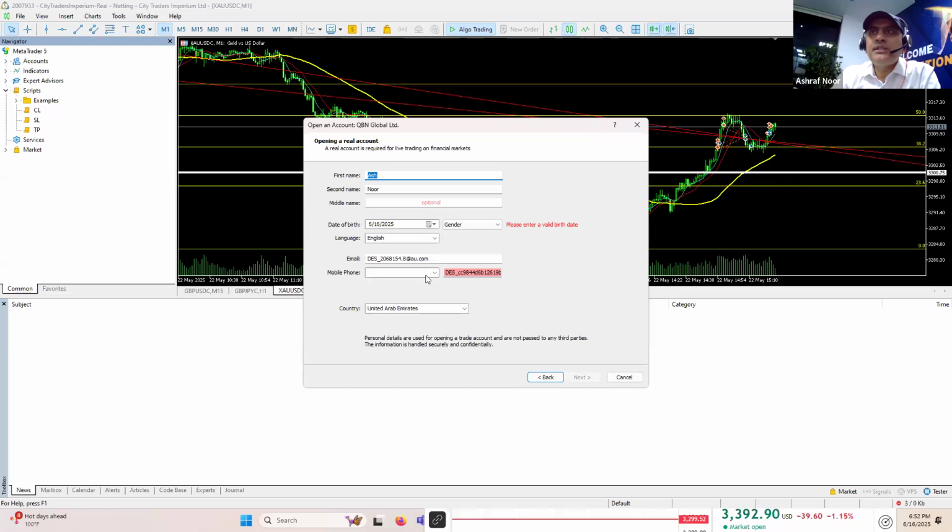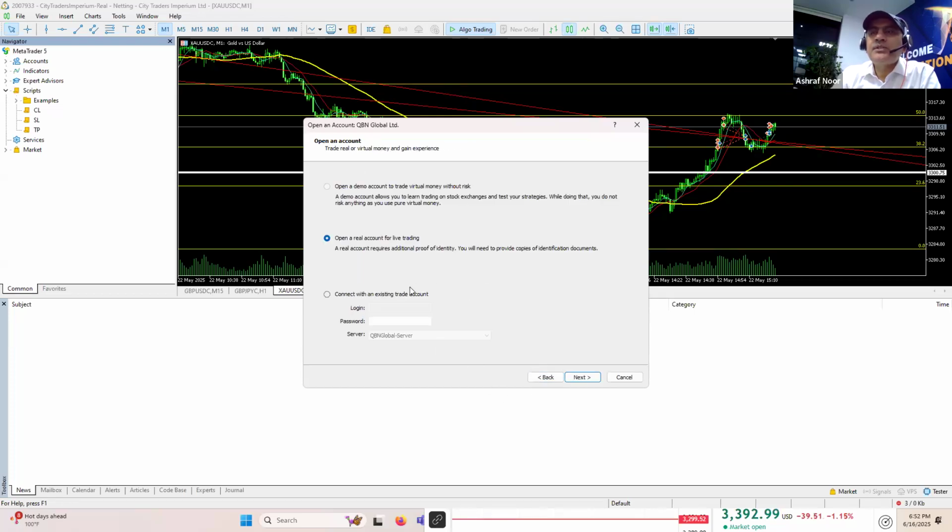Next, you fill in this information and then follow the whole registration process. Once that is done, your account will be open. Hopefully next week, I will give you another complete demonstration of how to open a demo account, and then you can practice. I hope that makes sense, it's pretty straightforward.